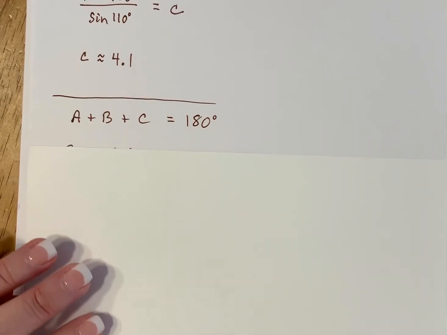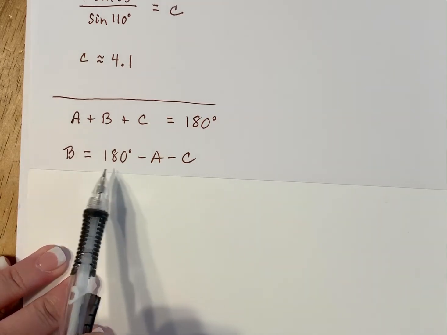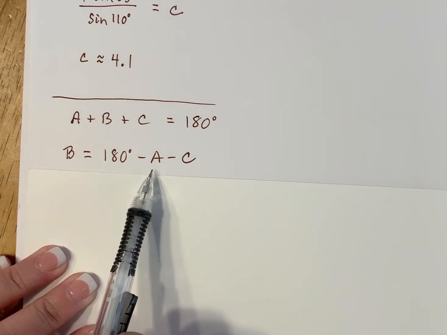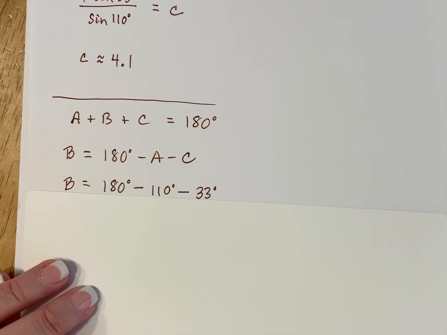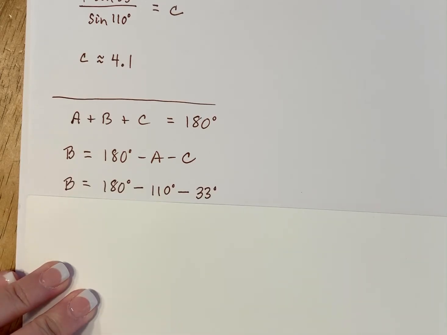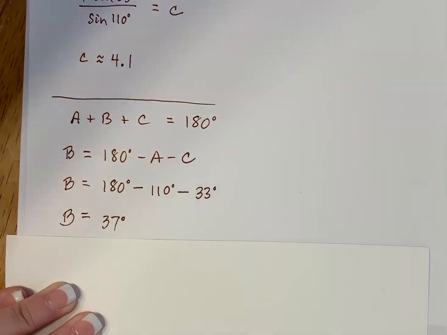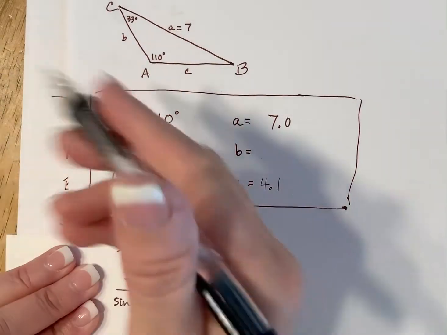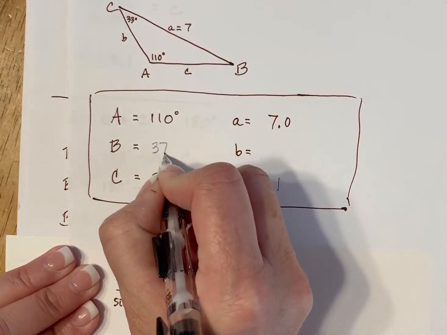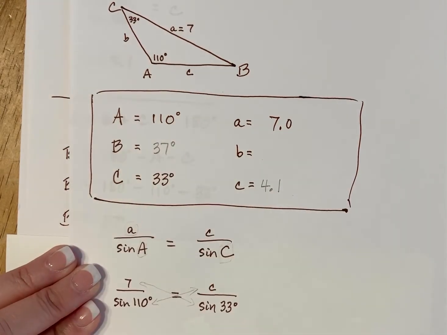So if we're looking for angle B, you can do 180 and subtract angle A and angle C. So in this case, 180 minus 110 minus 33, and that'll give you that angle B is 37 degrees. Okay, so then back to my master list, I can put that this angle is 37 degrees.